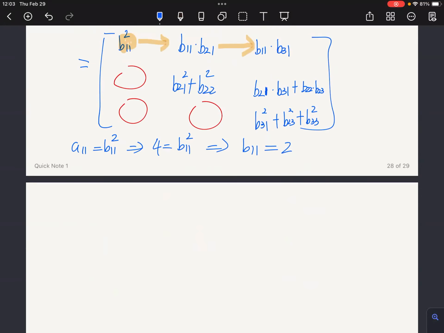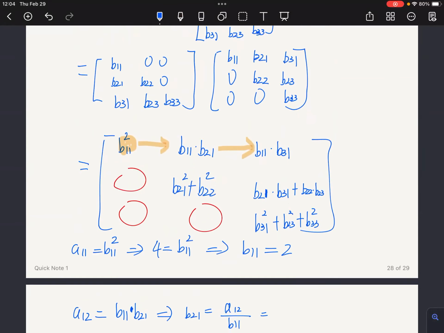So let's see what B21 is. Let's take a look at here. The element in the first row and second column is A12, and it equals B11 times B21, right? This means that B21 equals A12 divided by B11. What is A12 in this matrix?